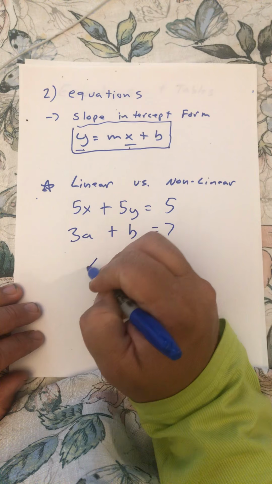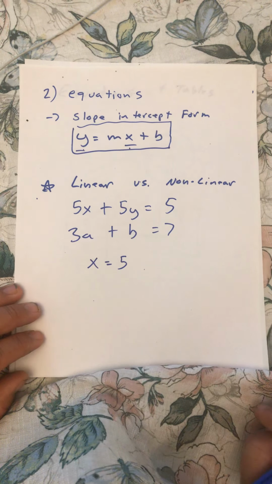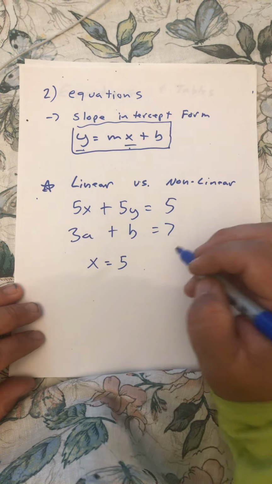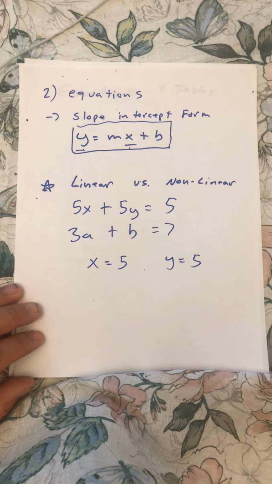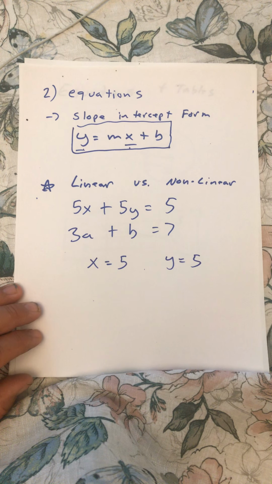And you can also have just x equals 5, that is linear. Remember, x equals 5 is, well, actually that would not be a function, but it would be a linear equation. And then y equals 5, that would be a horizontal line, and that would be a function, but it would also be linear. So then you get into the question, is it linear, nonlinear, a function or not a function?